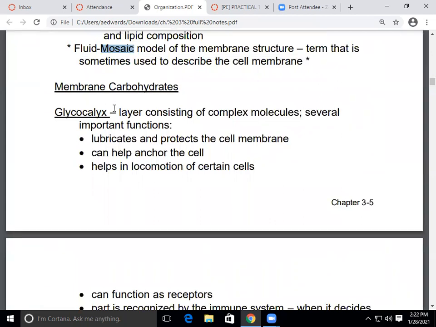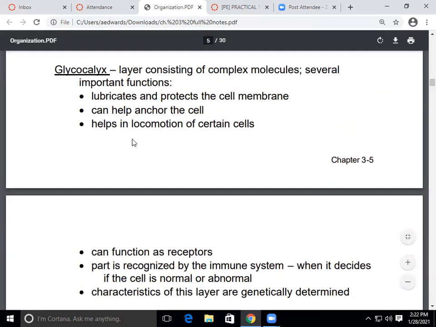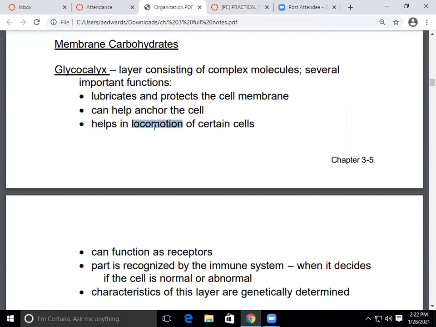Carbohydrates are in the membrane too, not just proteins. The glycocalyx is one of those carbohydrates, and it serves these functions. It protects and lubricates your cell membrane, serves as an anchor for your cells, and helps in motion for certain cells, locomotion.